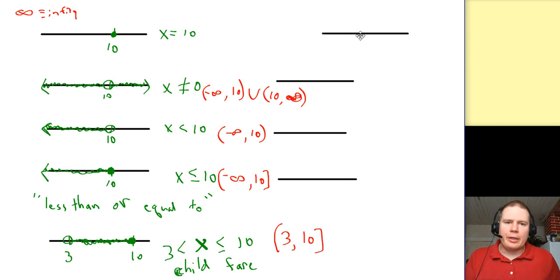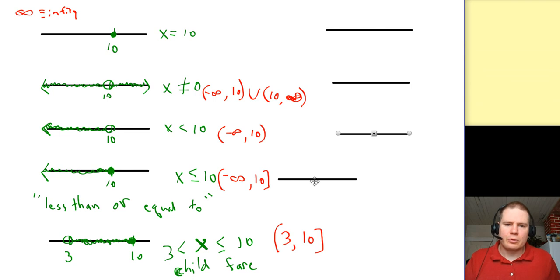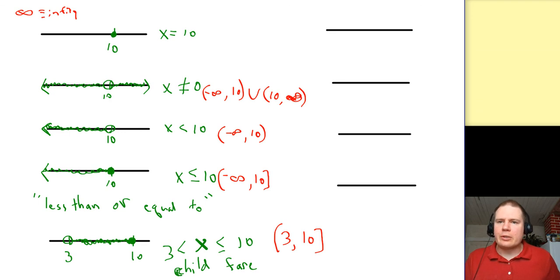Now, I'm getting into this more complicated set notation because there's another way to draw these graphs. Okay. Now, the dot notation here is kind of nice. It goes along with this is equal to, right? I'm indicating this point.